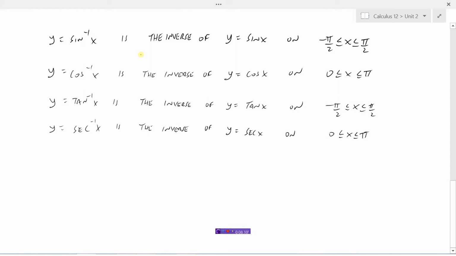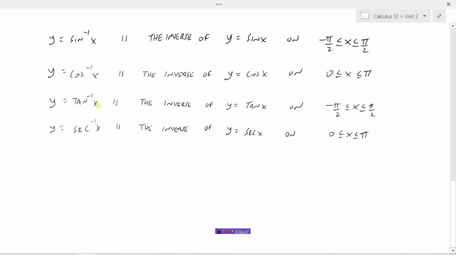So then, just to summarize here, I won't show you the graphs for the inverse tan and the inverse secant x, and we won't worry about inverse cotangent or inverse cosecant because those functions don't appear that often. But if we're looking at the function y equals the inverse sine of x, it is defined to be the inverse of y equals sine x on this domain from -pi/2 to pi/2. And the inverse cosine x will be the inverse of y equals cos x from 0 to pi.